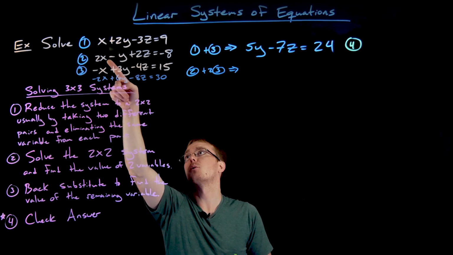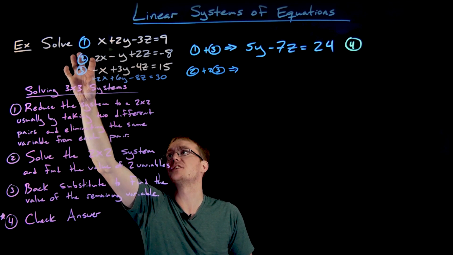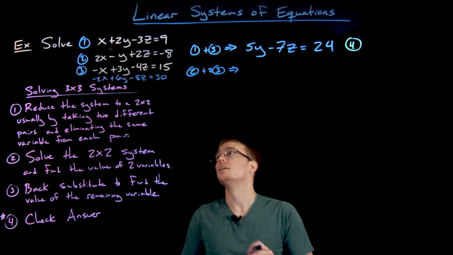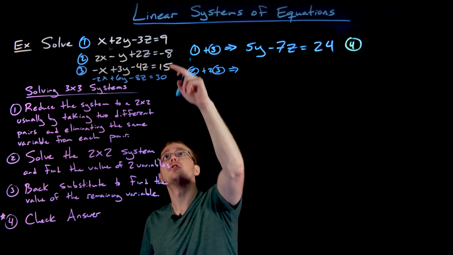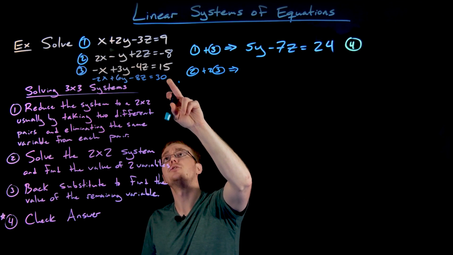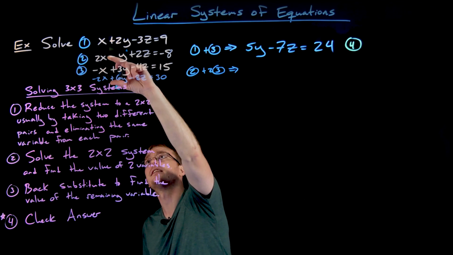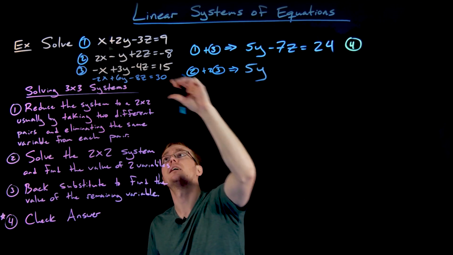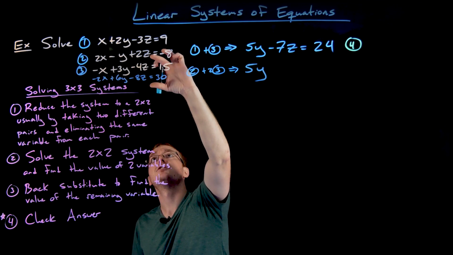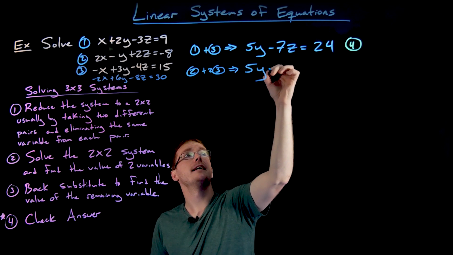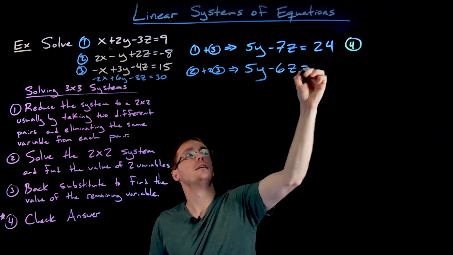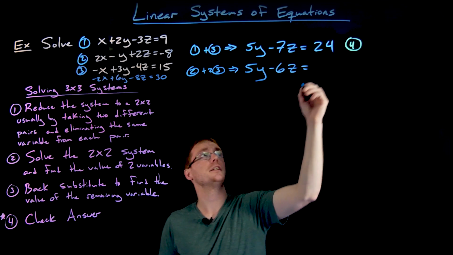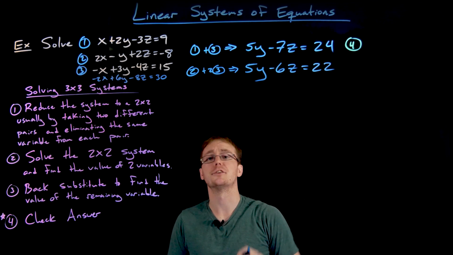Now we're going to add that to our second equation, and now we can see more clearly that those x's really will cancel each other out. So the resulting equation we get from equation 2 plus 2 times equation 3 is, the x's cancel out. We get 5y's. Oh, that's really nice. Then we get 2z minus 8z is -6z. And we have to add the right-hand sides as well. -8 plus 30 is equal to 22.